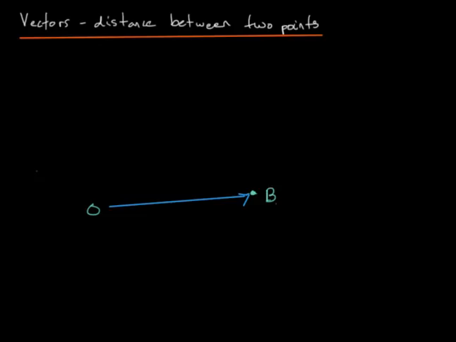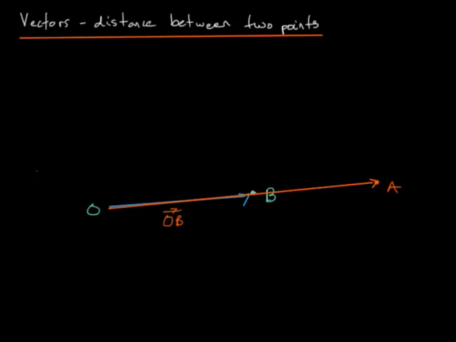So the coordinates of B are going to be vector OB, right? Very often it's written like that in the textbook, OB. And then you have this other point A, and the vector that points there is OA.